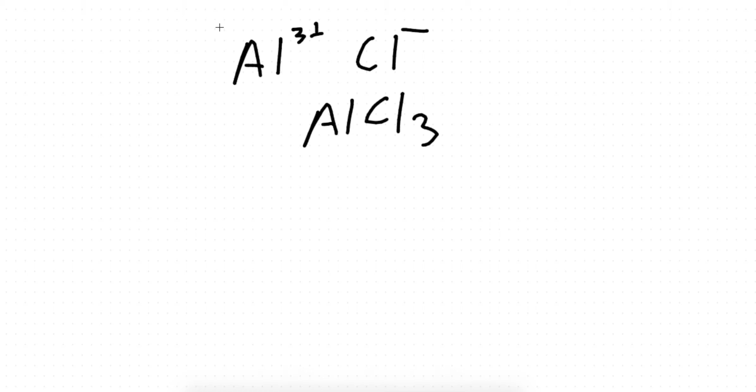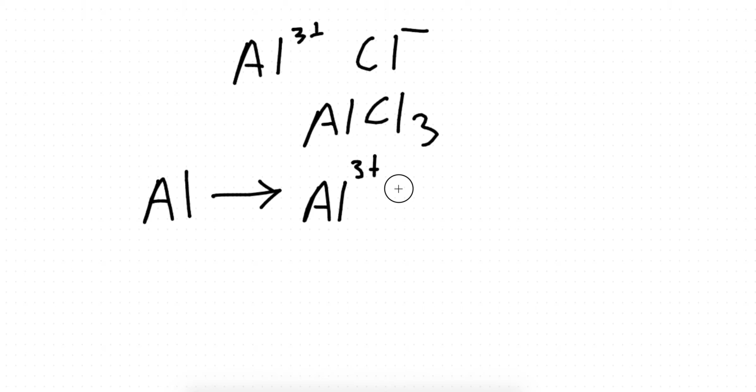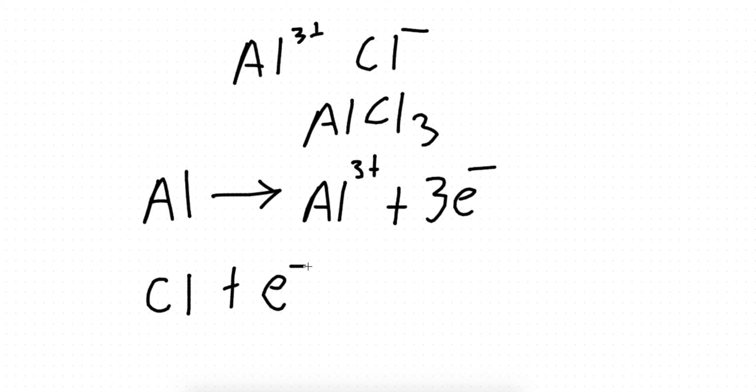The equation for aluminium is going to be aluminium metal becomes aluminium ion, Al3+, because we have a 3+ here, 3 electrons. Whereas for chlorine, the equation is going to be slightly different. Chlorine plus an electron will give you a chloride ion.